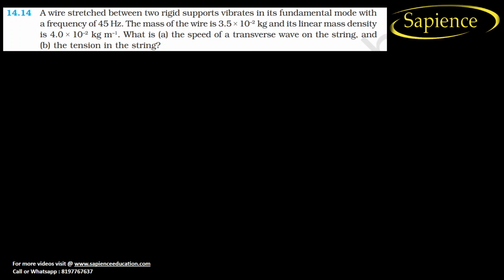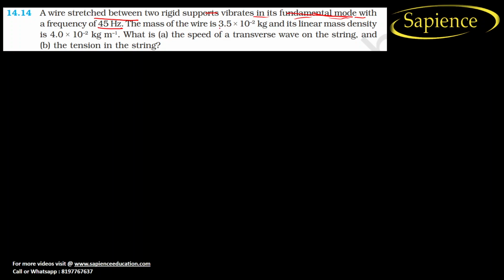Now let us do question number 14.4. Before that, we need to read. A wire stretched between two rigid supports vibrates in its fundamental mode with a frequency of 45 hertz.